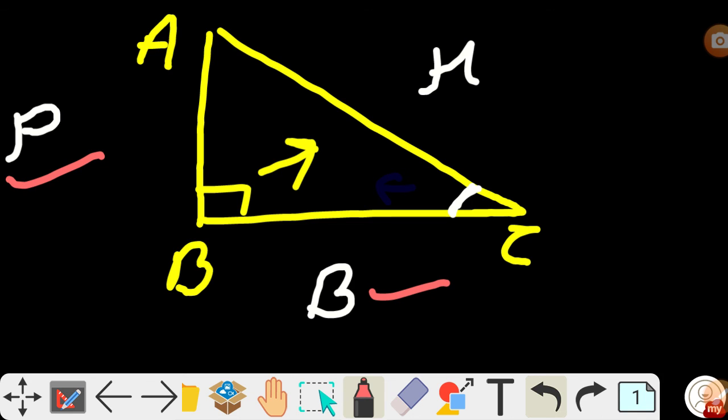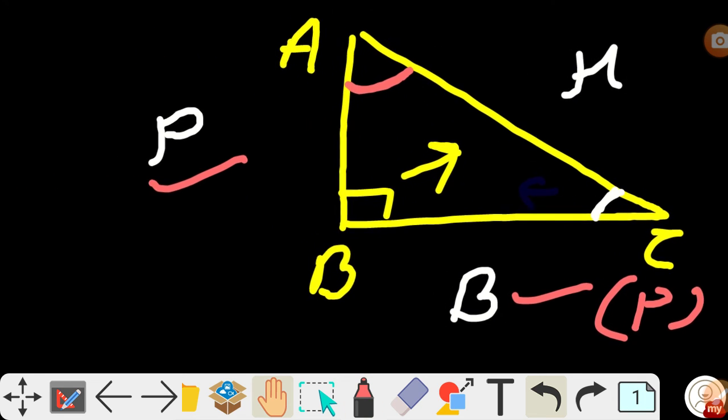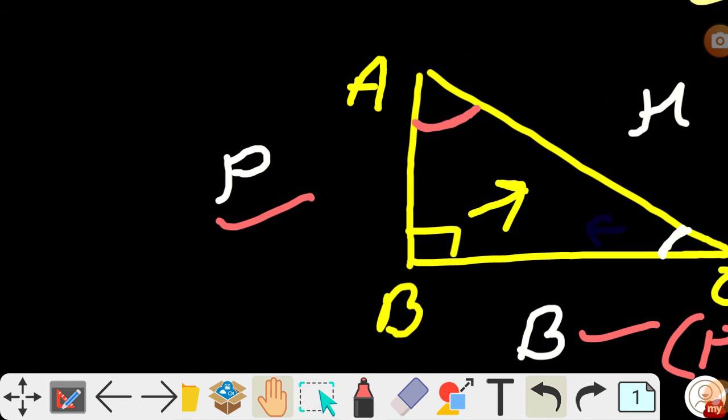If you consider angle A, then the side in front of the considered angle becomes the perpendicular, and the other side automatically becomes the base. So I hope you are able to understand this concept. So let's start to solve this question.